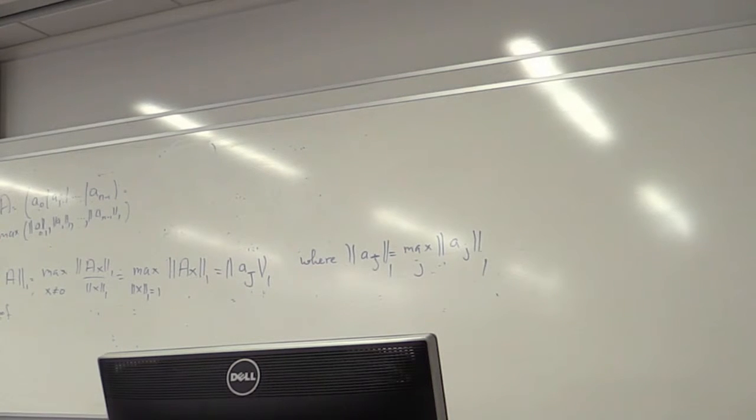Whenever you do a proof that involves a definition, you just kind of start going with it, right? So now the first thing you do is you plug in the definition.